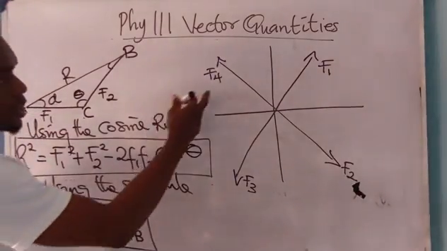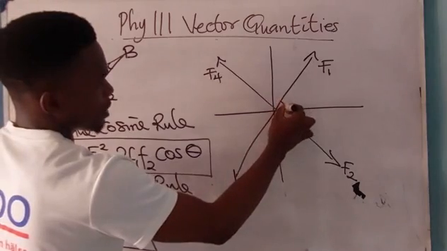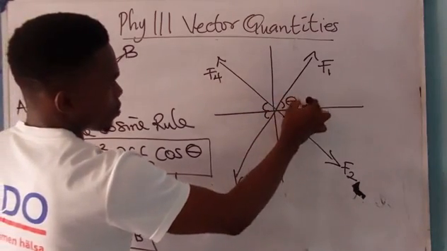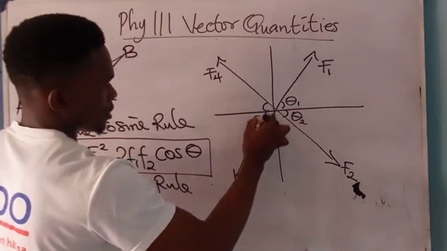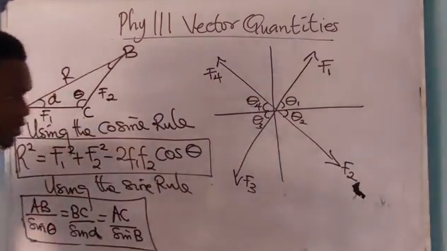All right. F1, F2, F3, and F4. Now you have angles here. You have angles here. So you say theta 1, theta 2, theta 3, and theta 4. Take note of that.